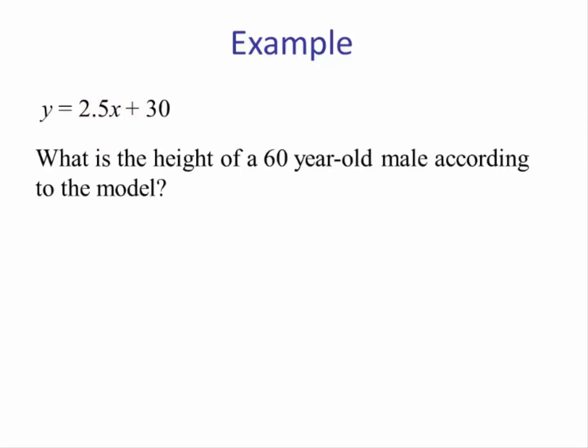Now let's use this model to predict the height of a 60-year-old male. 60 is our x. We multiply it by 2.5, we add 30, and we get 180 inches.